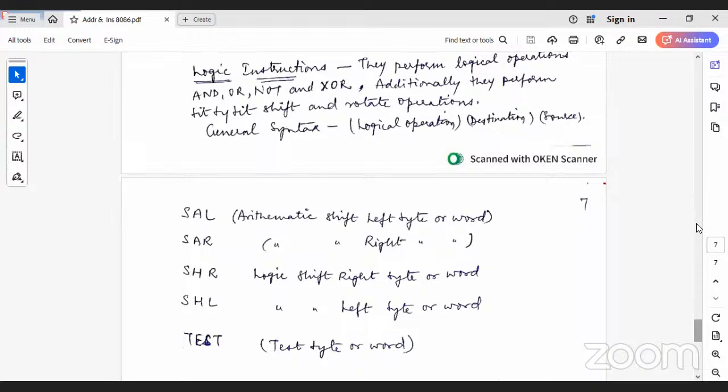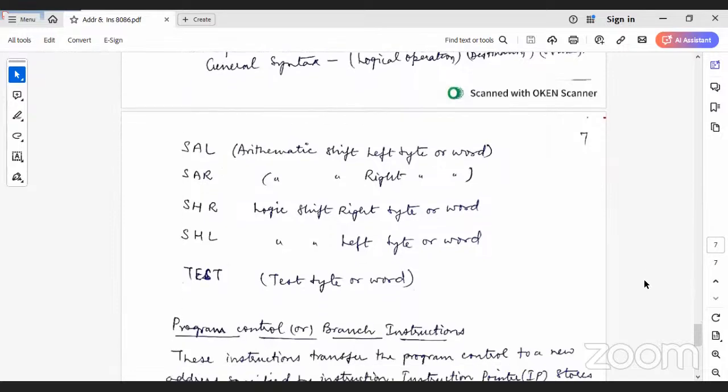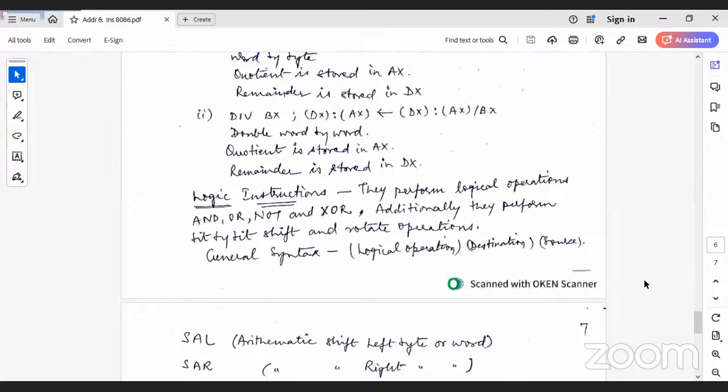So now in this, although I have written their general syntax, logical operation means whether it is AND, OR, NOT, XOR, and this also has destination and source. Okay, it is not discussed by any example. Since it was easy, I thought I will not put that.